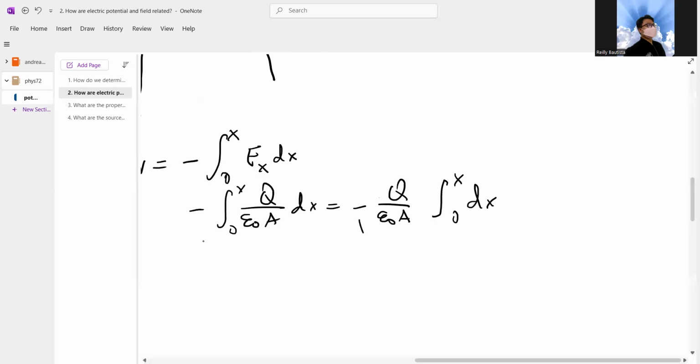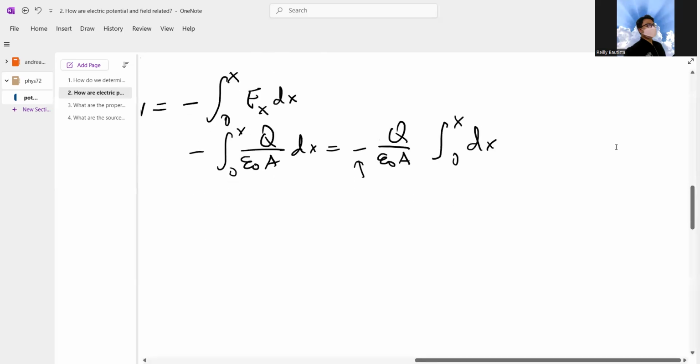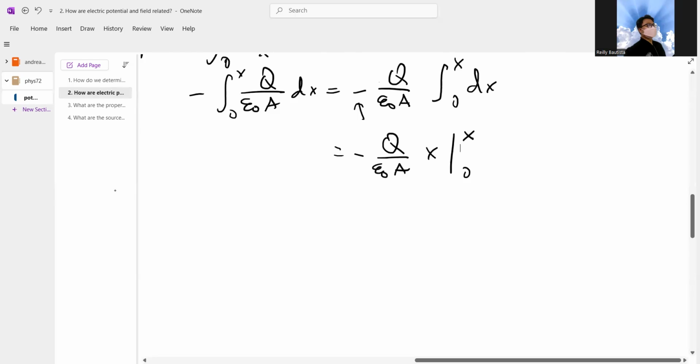Next we're going to do something here. We see the negative. Okay, so let's get the integral form. It's x from 0 to x. Of course, we get the 0 here, so negative qx over epsilon naught A. So this is the potential.